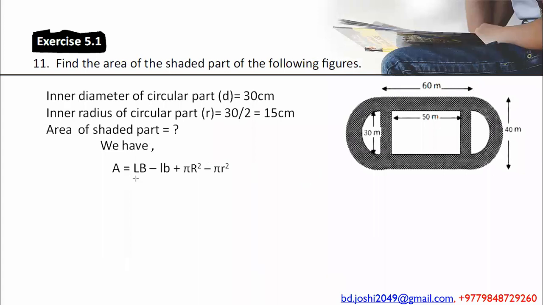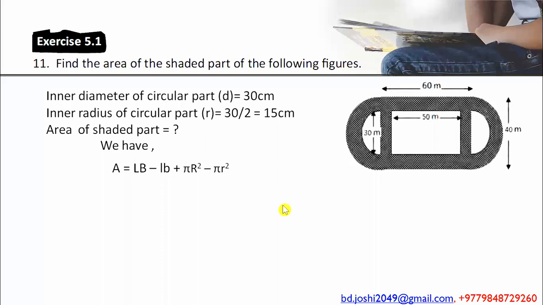Up to here, capital LB minus small lb is the area of the shaded part for the rectangular part. Pi capital R square minus pi r square: for the outer circle, pi capital R square. For the inner circle, it is pi small r square. If these both are added, we will get the area of the shaded part of the whole figure.